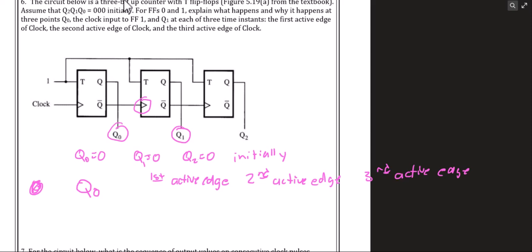Just 1. What does a T flip-flop do with an input of 1? It's going to toggle. So initially, it was 0. Now, Q0 is the output of this T flip-flop. So at the first active edge, it's going to toggle. It'll become 1. At the second active edge, since the input is always 1, it'll toggle. And at the third active edge, it'll toggle. So that's telling us what's happening at Q0.